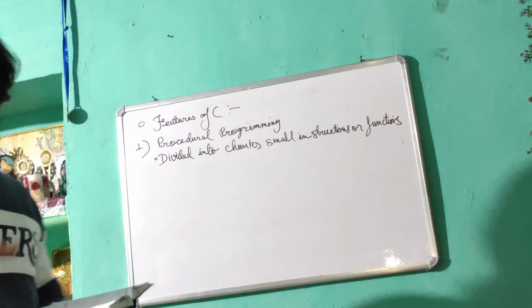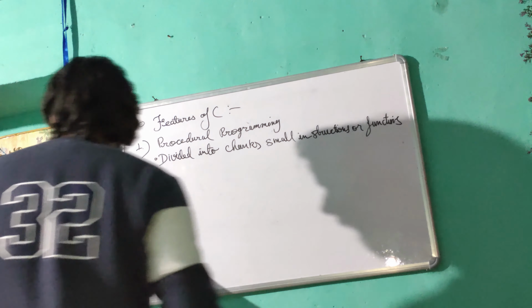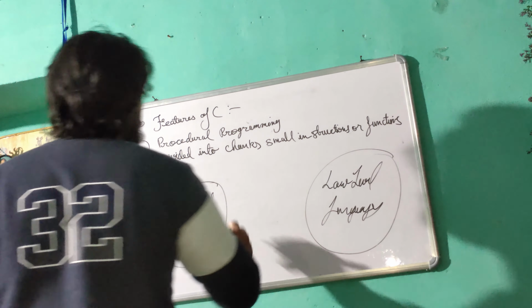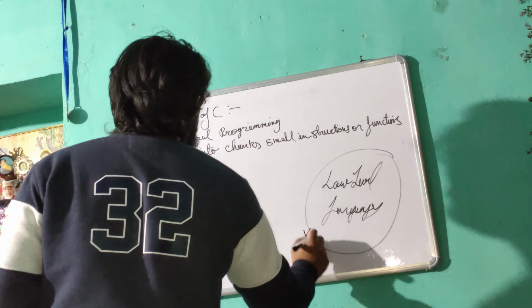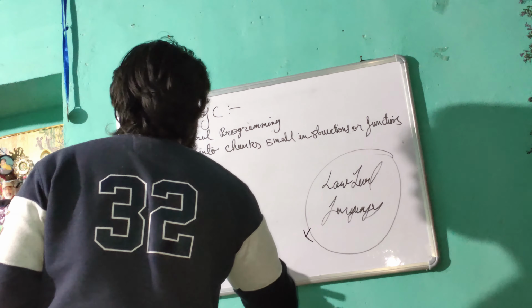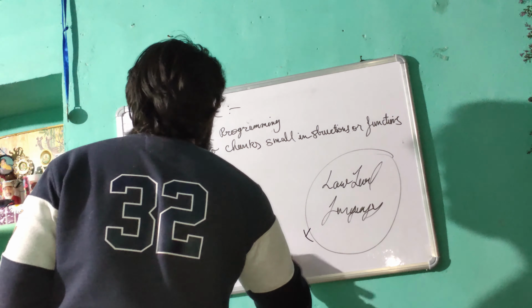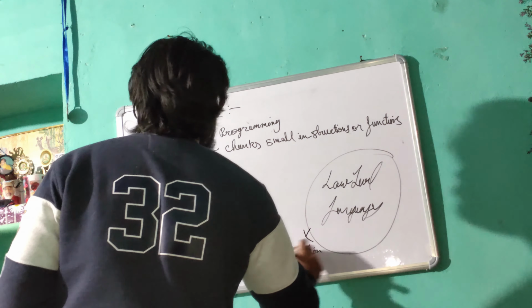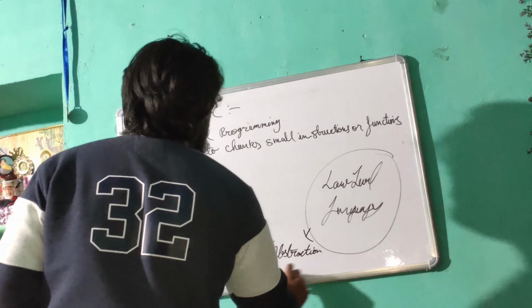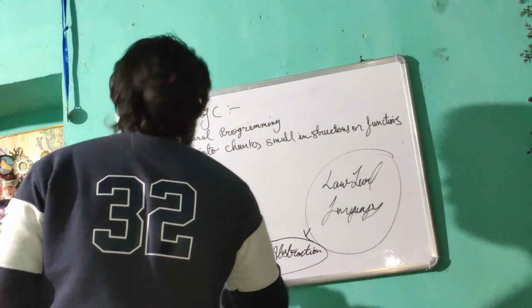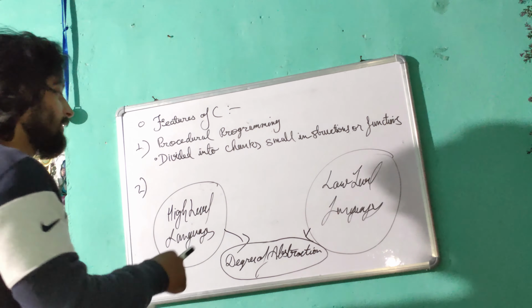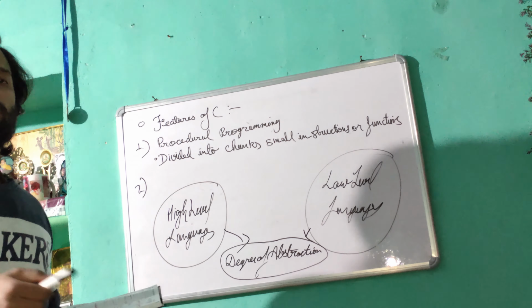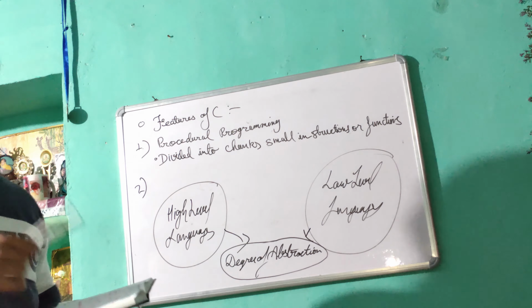Now C is also called a middle level language. The difference between high level language and low level language is the degree of abstraction they possess. What do we mean by degree of abstraction? It means what pieces of the program to show to the user and what to hide from the user.